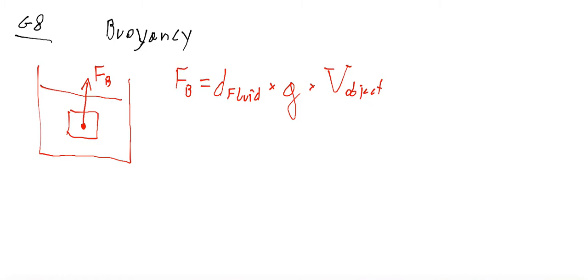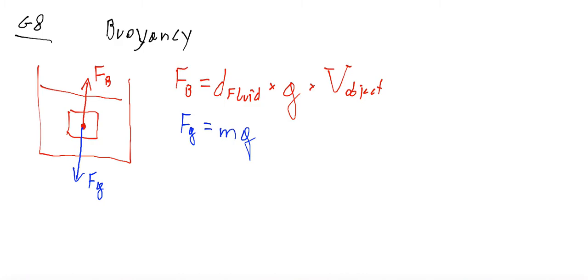When the object is fully immersed, then of course we have to take the volume of the object. If not fully, we have to take only the part which is below the surface of the water. Of course, except for the buoyancy, the object also experiences gravitational force, which can be calculated as the product of the mass of the object and gravitational acceleration.